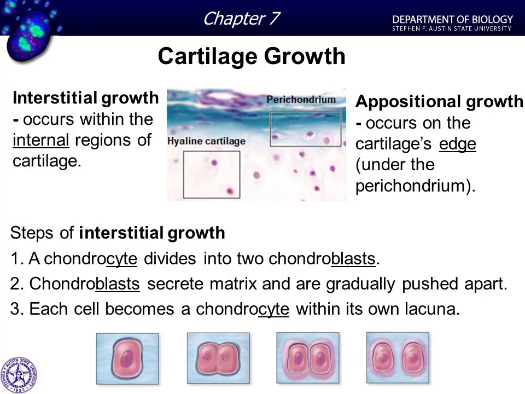So early in development, when we're growing our cartilage to form a template that's going to be transitioned into bone, our chondrocytes are going to divide inside their lacuna. And as they divide inside the lacuna, these chondrocytes are going to begin to act more like chondroblasts and produce matrix. They're going to produce more and more and more cartilage matrix until they push themselves apart.